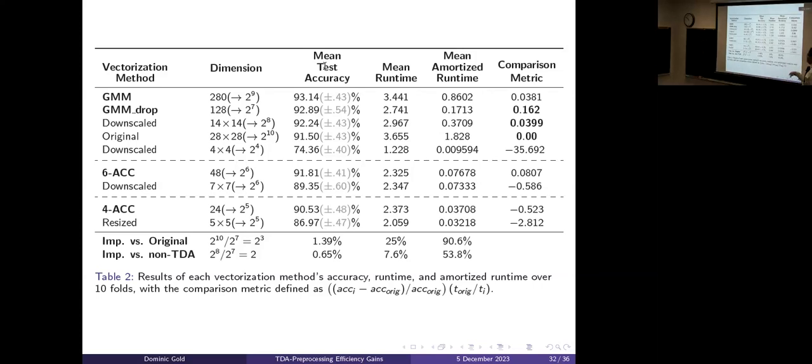So we compared them, and we have a little bottom row right here of how much this is an improvement over the original, and how much this is an improvement over the best non-TDA method. And we see that we have an increase in accuracy by 1.39%. But we can get about 10, depending on how you look at it, about 10 to 25 times faster than the original, right? So we can get really fast and more accurate at the same time through extraction of these features.